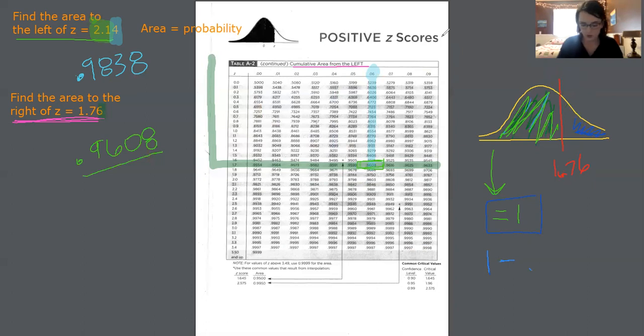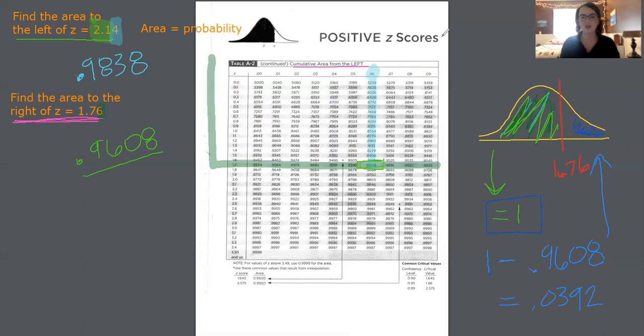We do 1 minus 0.9608, and that's going to give us this blue area. Let's do that really quick. This number is 0.0392.